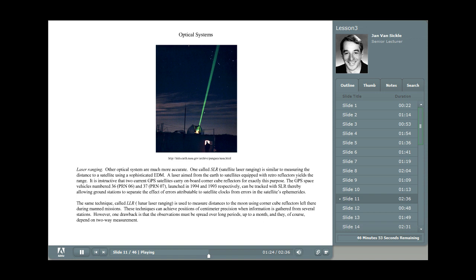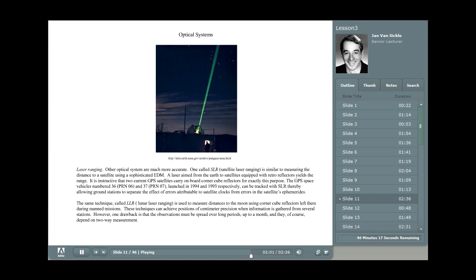There are banks of reflecting retro prisms on the lunar surface that were left by the manned missions, both Russian and American. And we can now determine the position of the moon relative to the Earth using electronic distance measuring to centimeter precision. This, of course, is extremely useful for many positioning needs.